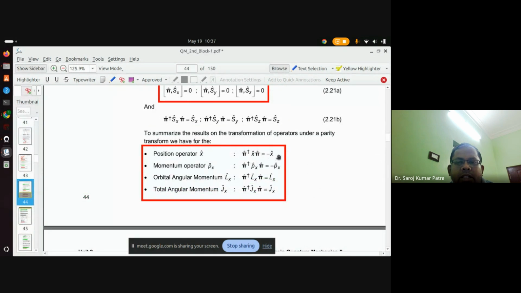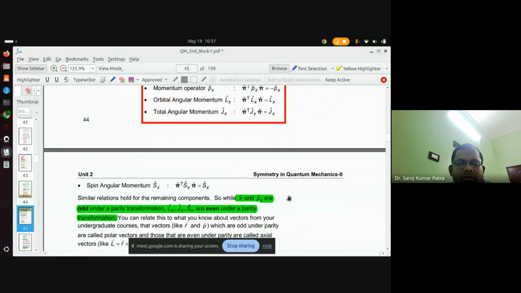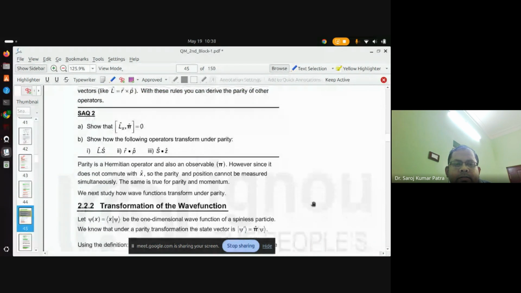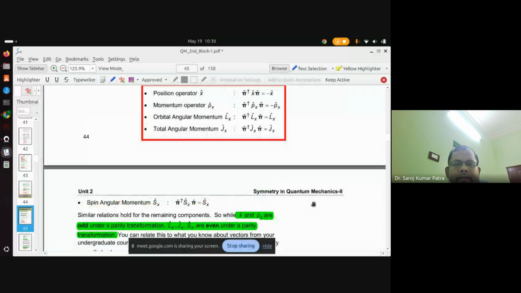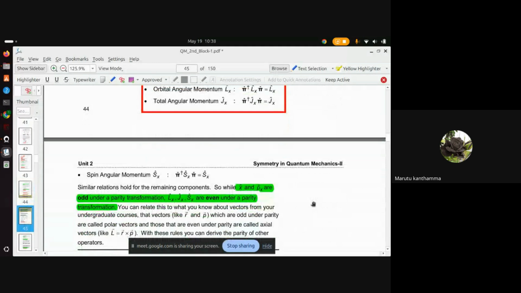So when parity operates, they become minus, while Lx, Jx and Sx, the x components of orbital angular momentum, total angular momentum and spin angular momentum, are even. They are not changing their sign, so they are even under parity transformation. Is it clear? Yes. All right.